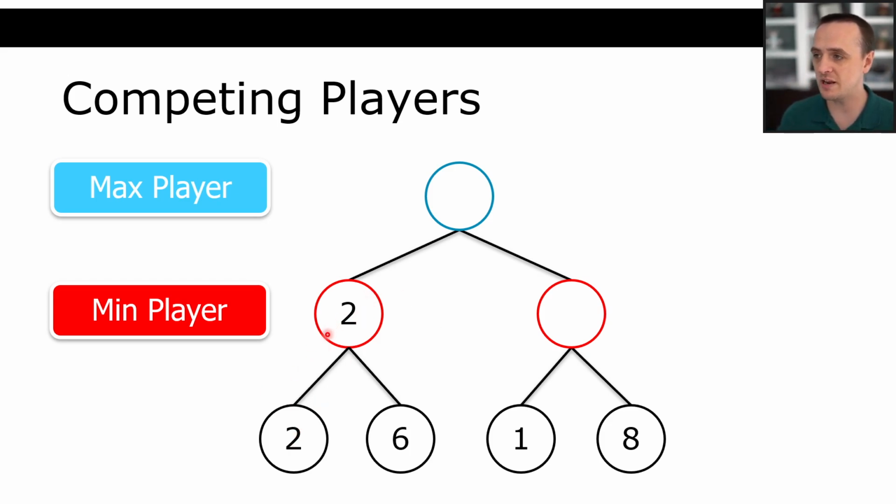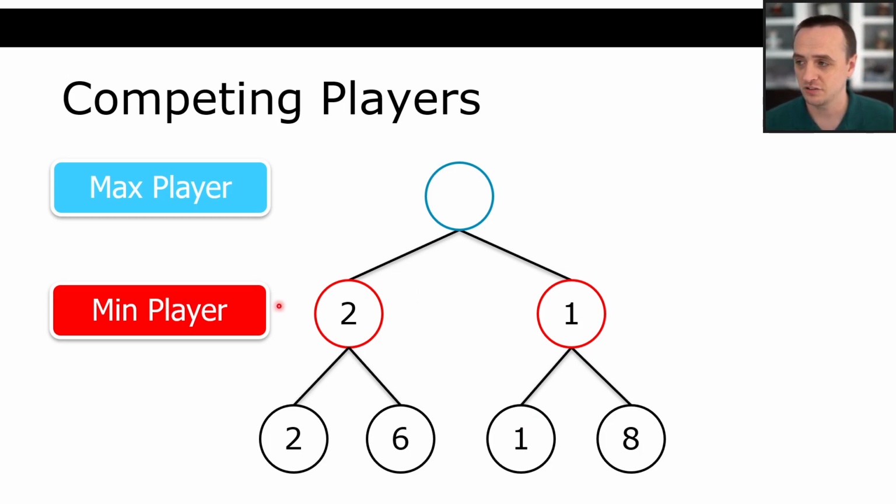Because they want to minimize the best thing that I could possibly do. If instead my opponent was over at this node, they would look ahead and say, oh, this state leads to a 1 evaluation, this state leads to an 8 evaluation. So my rational opponent would choose the action that leads to the 1, right?